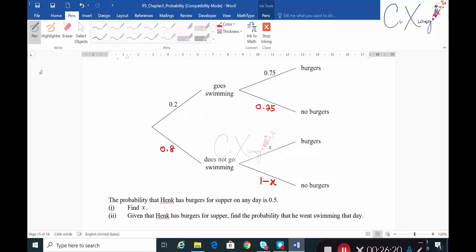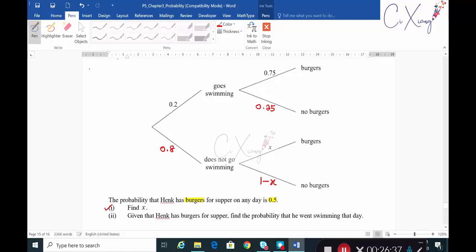For the first part, they ask you to find the x. Before you find the x, you need useful information, which is given in the question here. You'll see that the probability that Hank has a burger for supper on any day is 0.5.